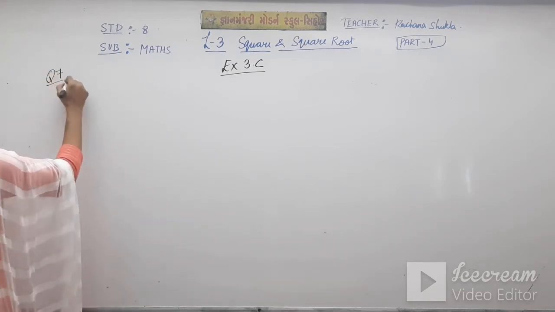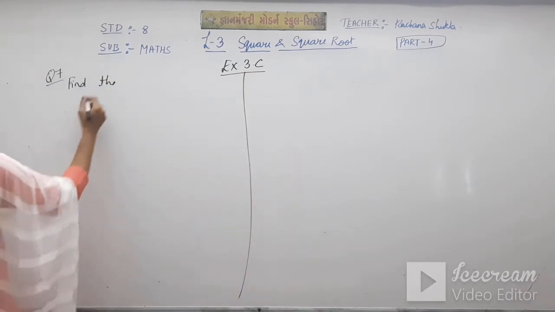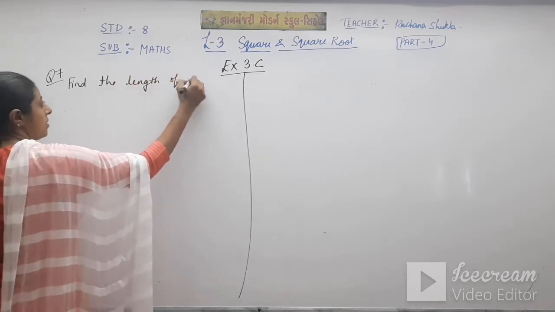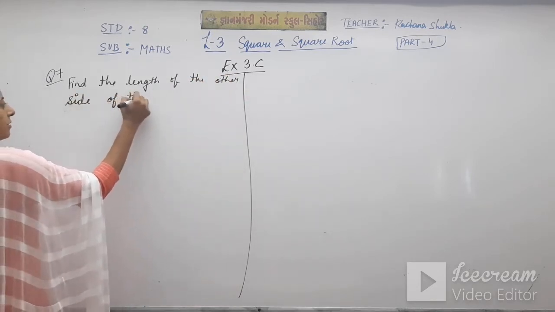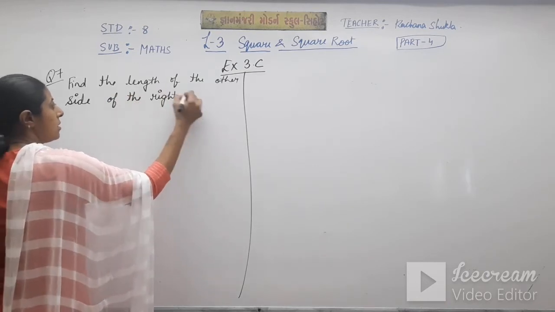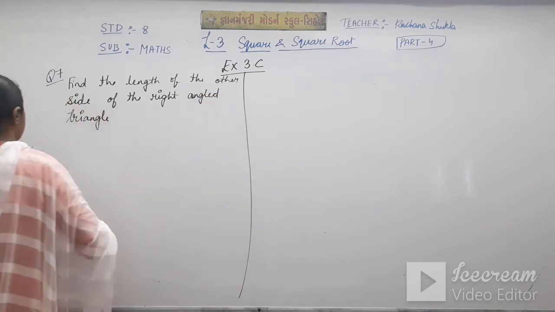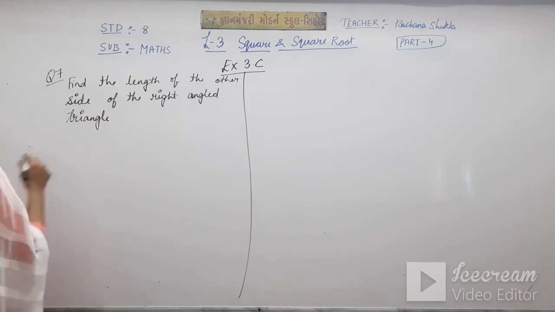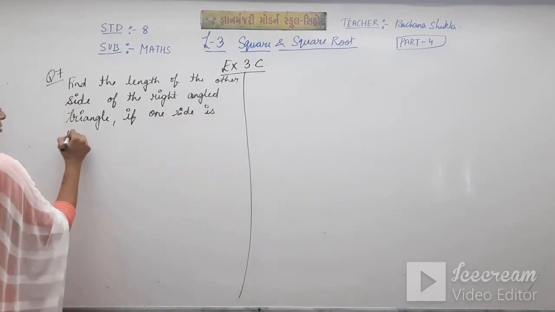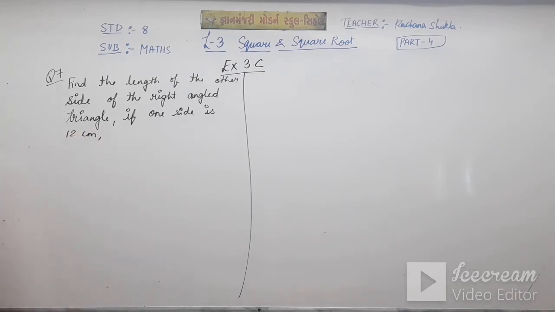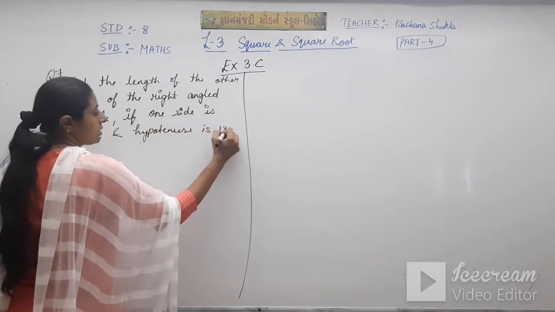Your question is: find the length of the other side of the right angled triangle if one side is 12 centimeter and hypotenuse is 13 centimeter.